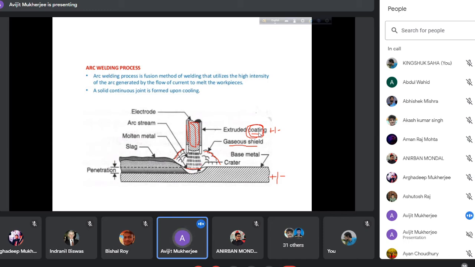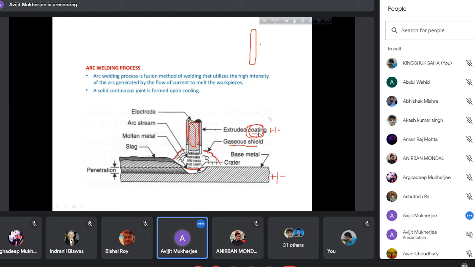This is the first point. Secondly, this is the bare wire, made of copper or steel, or a material near to the base metal. Say the base metal is iron; then this is an iron rod. If it is copper, it will be prepared with copper. If it is aluminum or an aluminum alloy, then the wire will be aluminum, a similar metal.